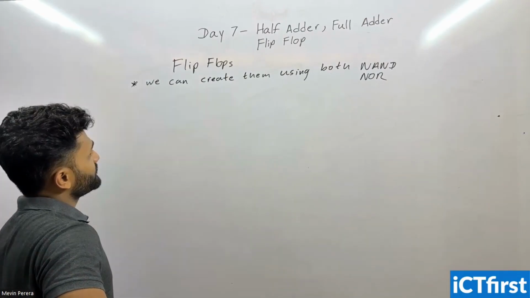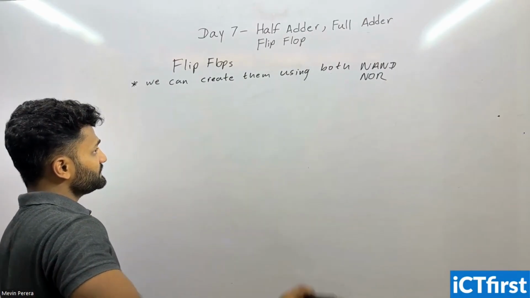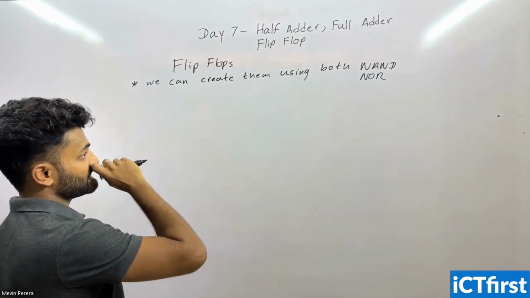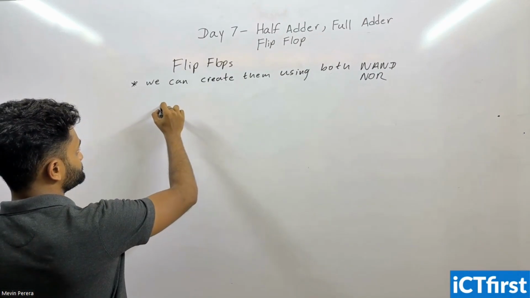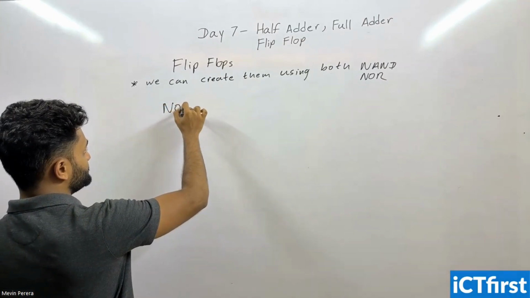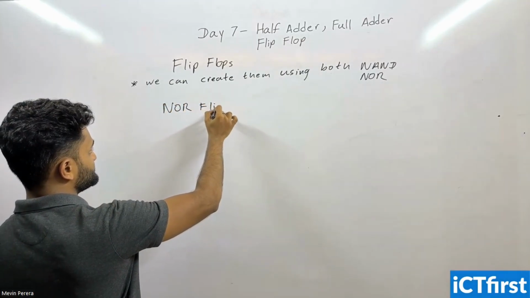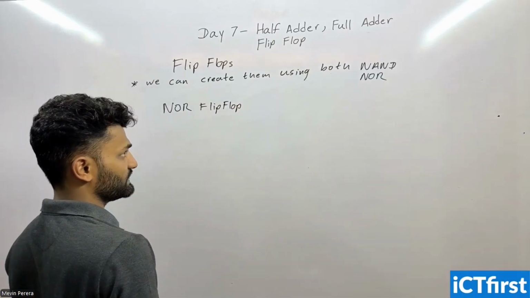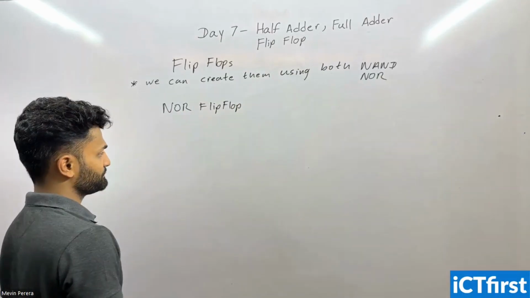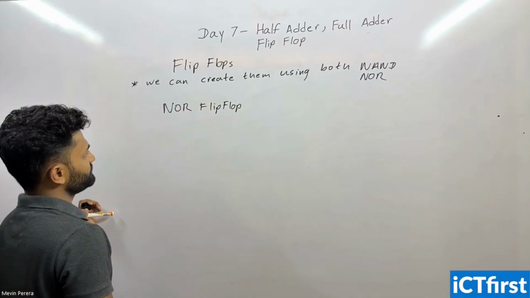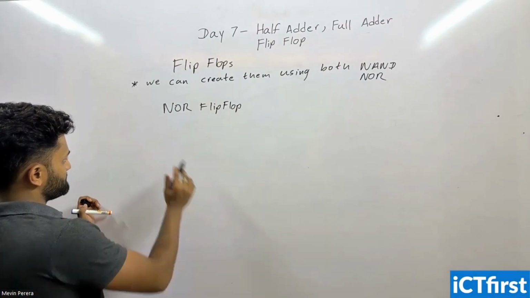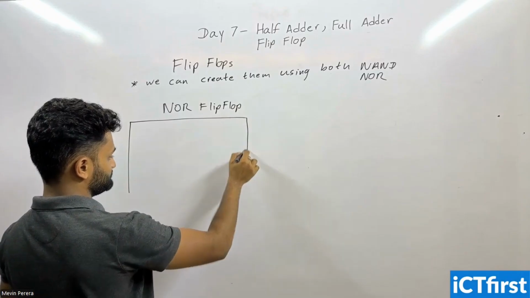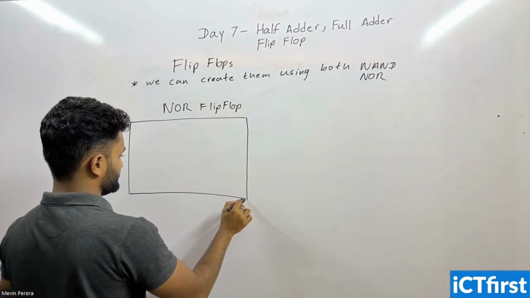Now, let me try to explain what is happening. Okay. Now, let's start with the NOR flip-flop because then it's easy for y'all to understand. The NOR part is easy for y'all to understand. Now, let me go to the table here.